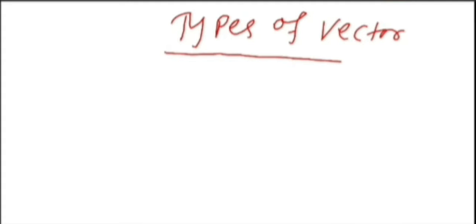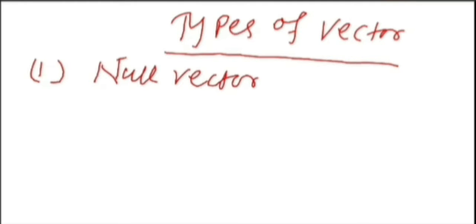Now, there are many types of vectors. We will discuss some of them. First we will discuss the null vector. Null vectors are those vectors which have magnitude 0. We can find a null vector if we add two or more vectors and get a zero vector.